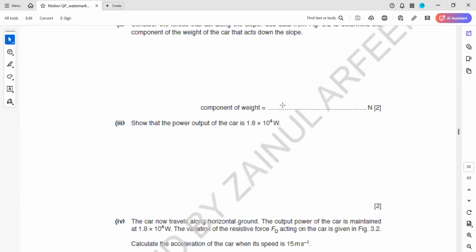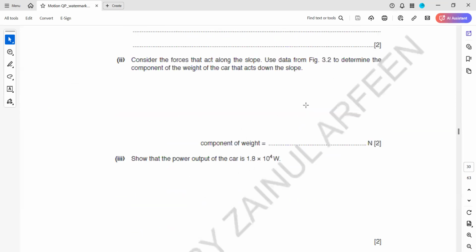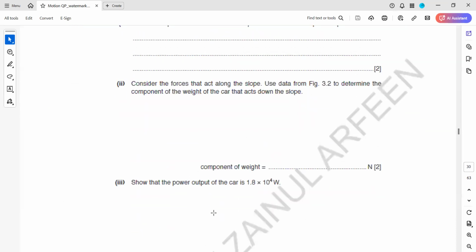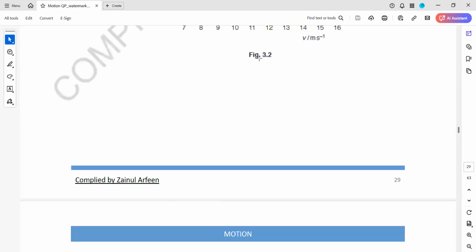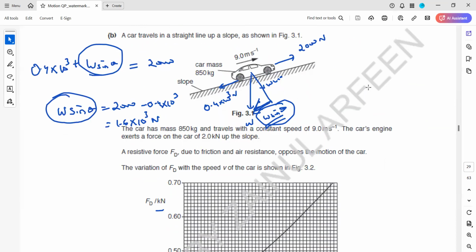Then calculate the power output of the car. Show that the power output is... If we want the power output, we need the force required to maintain the motion. How do we know whether we need cosine or sine? Because the motion of the car is along the incline. With reference to the motion of this car, W sine theta is affecting along the inclined surface, and W cosine theta is just balancing with the normal contact force R. That's why we need the sine component, not the cosine component, because that is along the inclined surface.